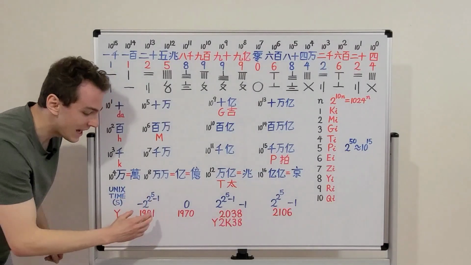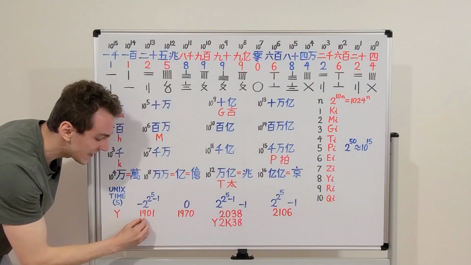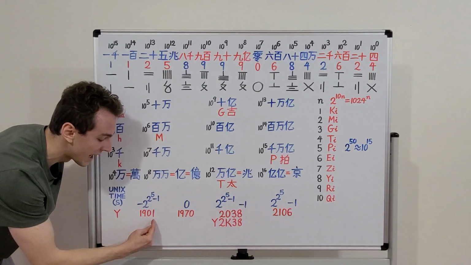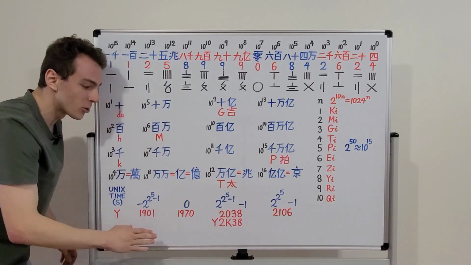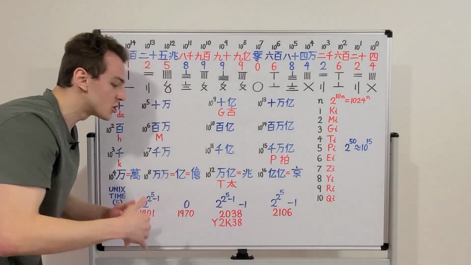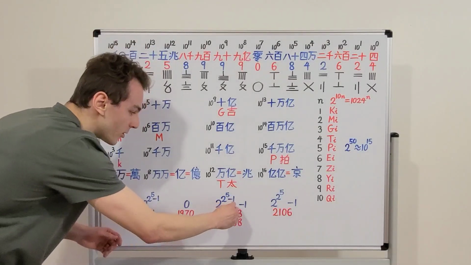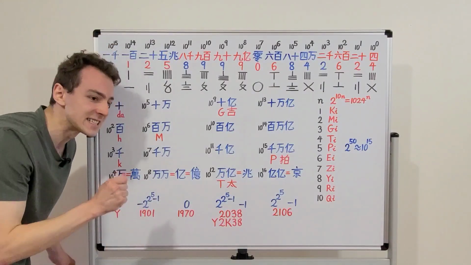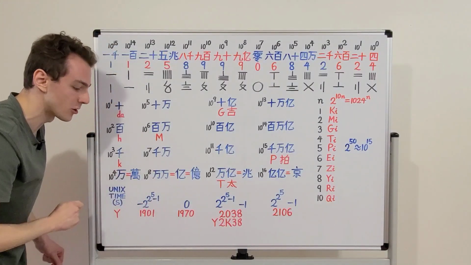So that's a problem. Now we're back here in the year 1901. That's going to cause lots of problems with timekeeping. So that is called an integer overflow. So we overflow and we go back over here, and that is because we're dealing with a signed 32-bit integer.